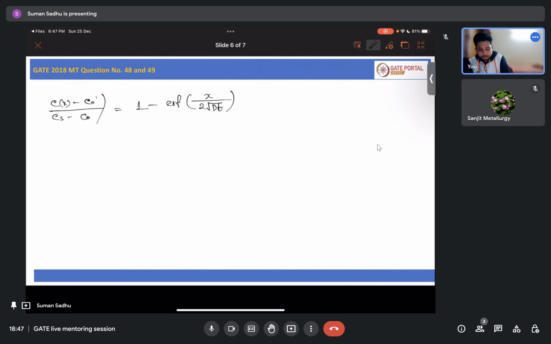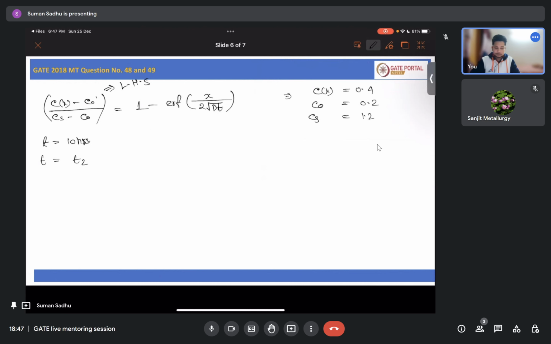Now c at x is also 0.4, c naught is also 0.2, and cs is also 1.2. So the LHS value is the same in both cases, when time t is equal to 10 hours and when time t is equal to t2.